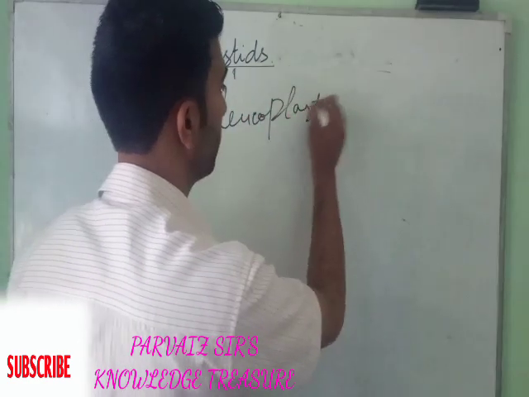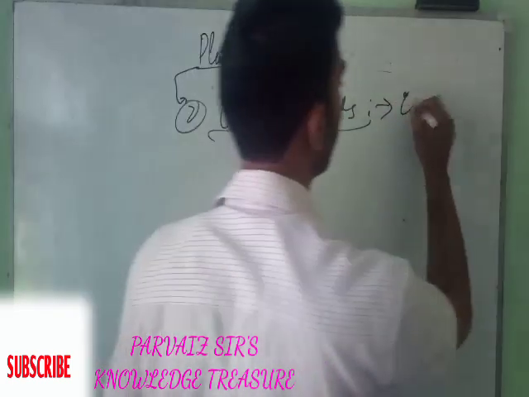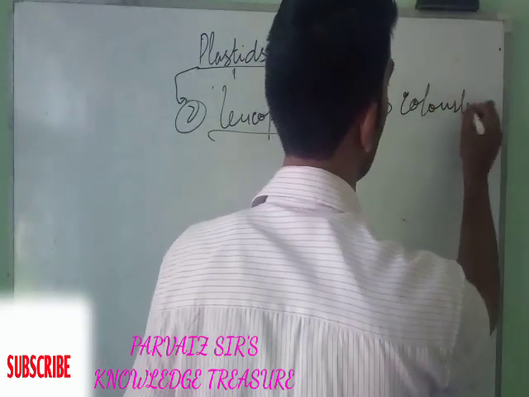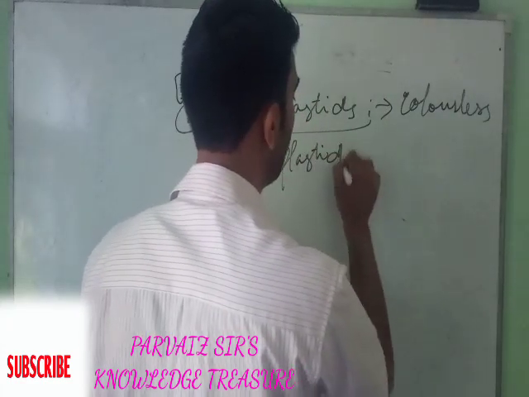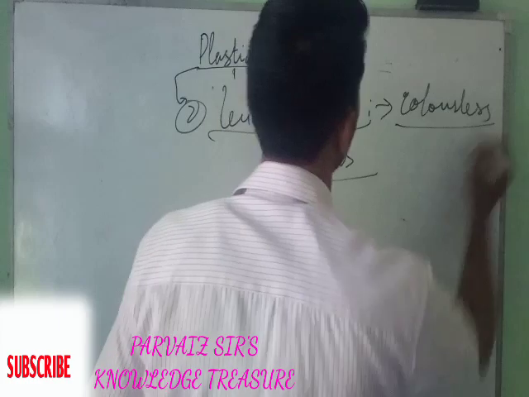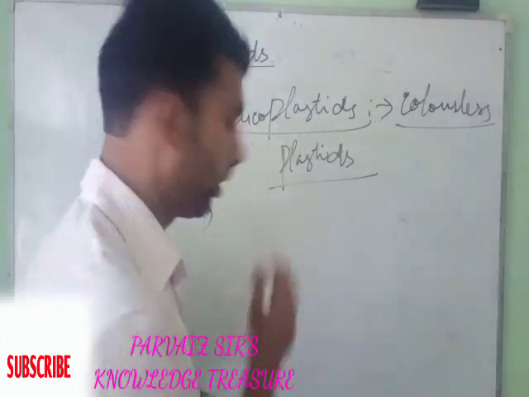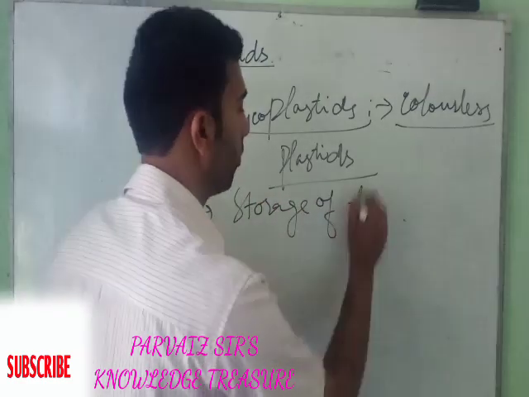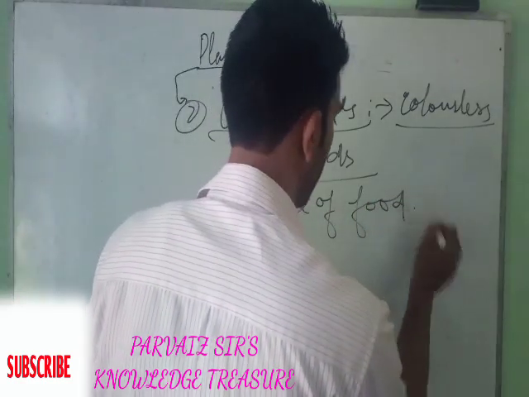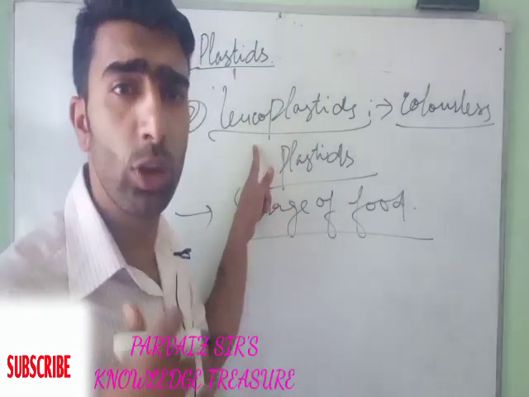Leucoplasts are the colorless plastids, that is, they do not contain any pigment in them. Their main function is storage of food. The main function of leucoplasts is the storage of food.